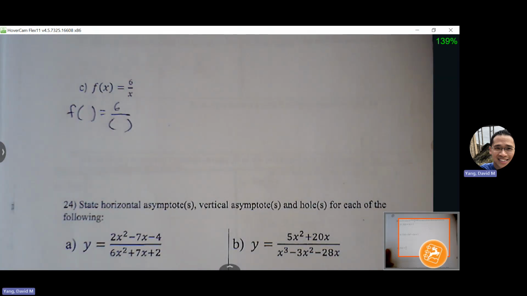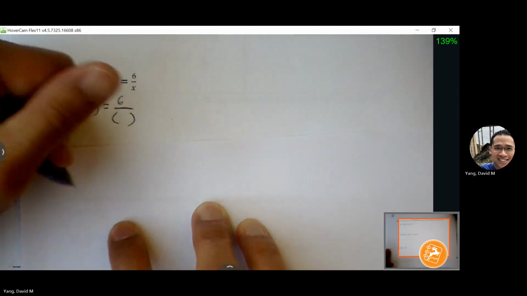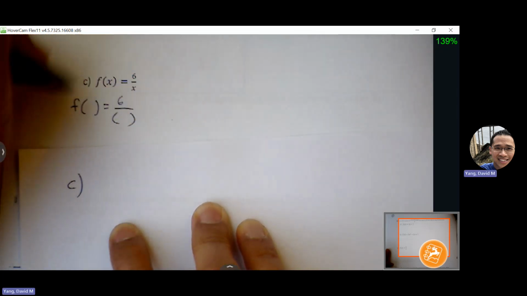For part C, I do want to see if we can practice doing common denominators with that. So let's try that. I think you guys are setting it up well.